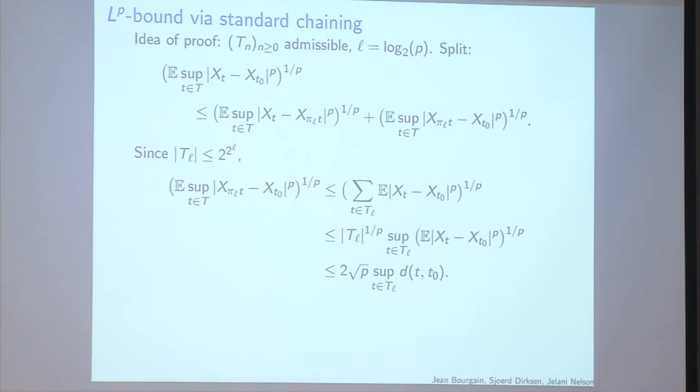In addition, because I know that the process is sub-Gaussian, I can estimate these terms by square root p times the sup over t in T of the distance between t and this anchor point. So that's the easy part. And now the additional observation you have to make is that you can run the generic chaining argument as Jelani explained it this morning and actually show that this remaining part can be estimated by something that doesn't depend on p, simply by the gamma 2 functional again. And that's it.